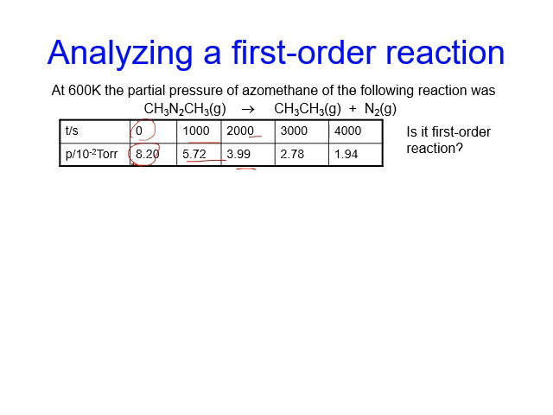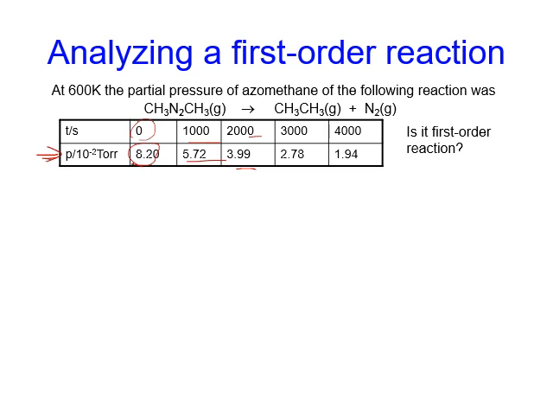From the last few slides, we derived the first order integral rate law: the natural log of concentration over time is linear, not the concentration itself. For gas phase reactions, the pressure is proportional to the concentration, so we can think about this pressure as a concentration.